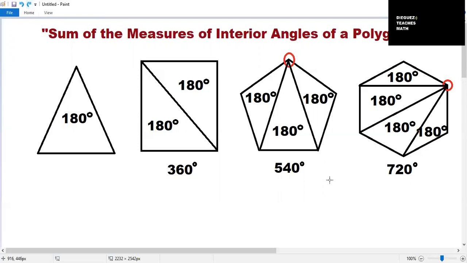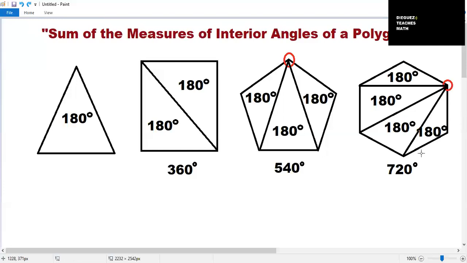So what these numbers mean is that if we take, for example, here, all these angles and add them together, that should give me 540. So adding this angle plus this angle plus this angle plus this angle plus this angle should give me 540 degrees on any five-sided closed figure, okay?